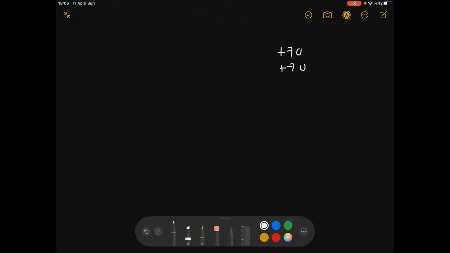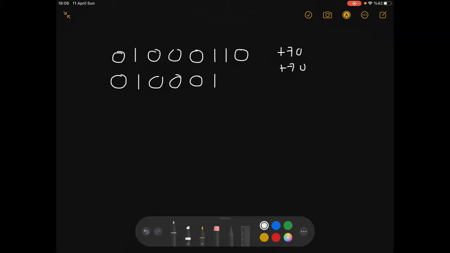With 8 bits, 2 to the power 8, that is 0 1 0 0 0 1 1 0 and 0 1 0 0 0 1 1 0. They are added together here.